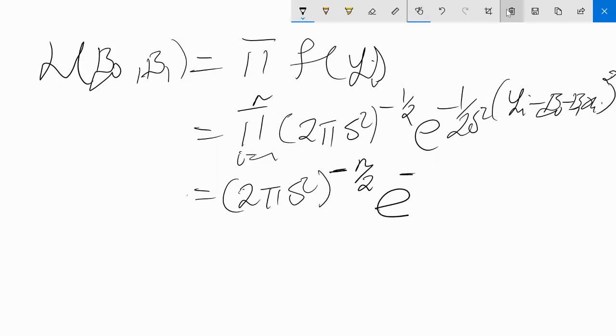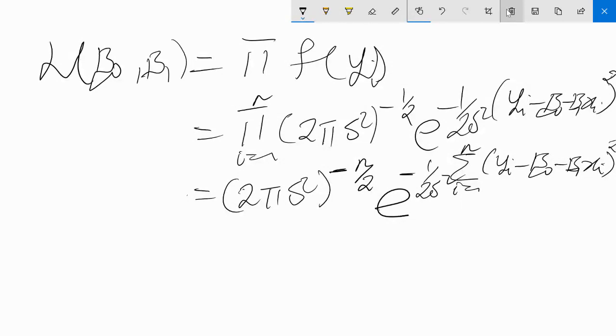E to the power, because there's i here, we are going to sum this part from i equals 1 to n. So this one is the likelihood function.